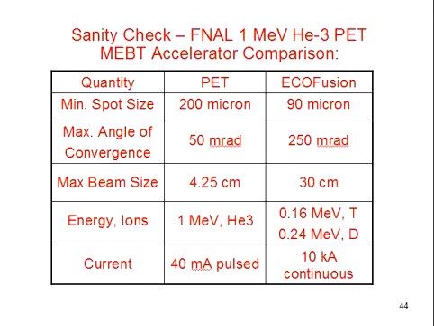The one big difference between the Fermilab PET accelerator and the ECOFusion design is the current. The PET accelerator had 40 milliamps of pulsed current, whereas the ECOFusion accelerator design calls for 10 kiloamps of beam, and that beam should be continuous. But it is well known that stacking and cooling allows many orders of magnitude increases in currents, and so the sanity check bears out quite well that we expect that the two devices should have similar behaviors in many regards.